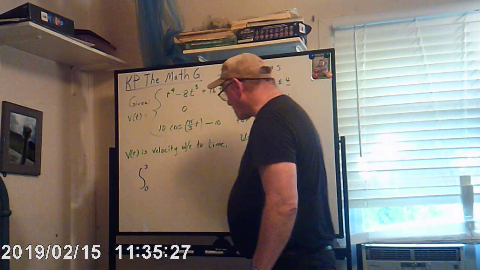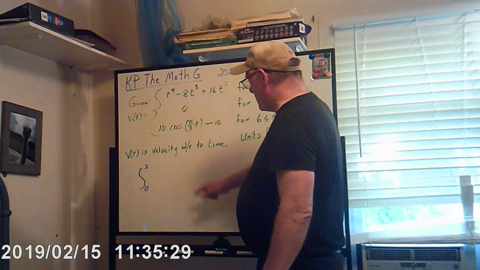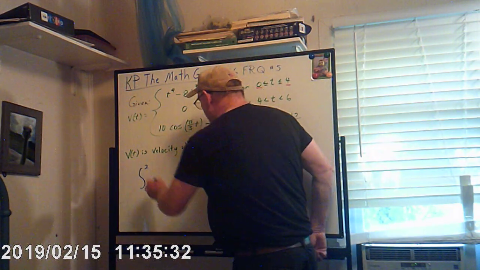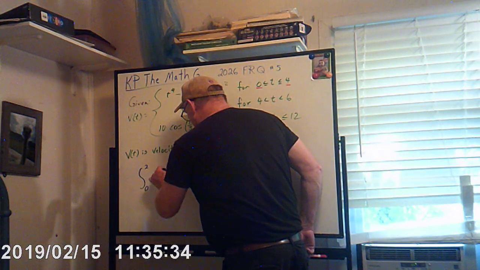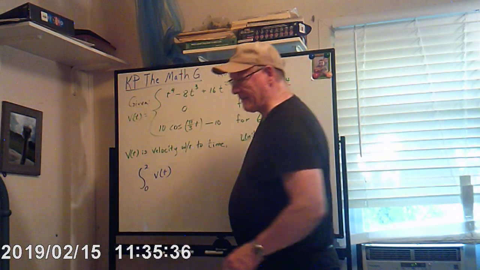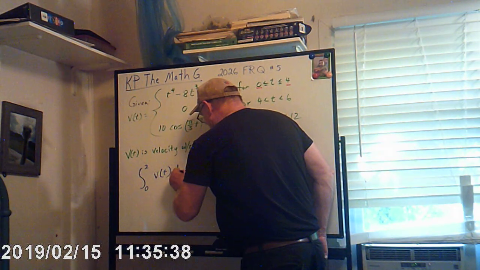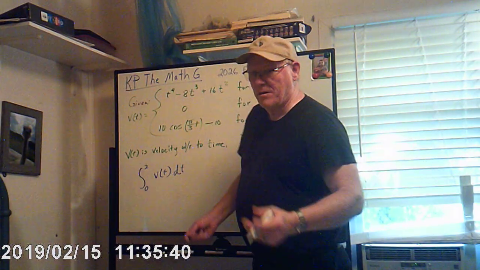And in this case, we're dealing with a function of velocity. Usually we put dt at the end.